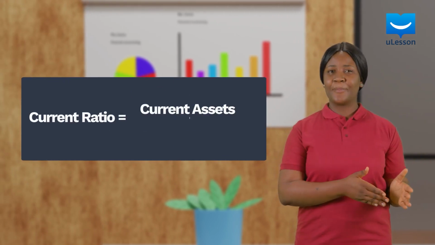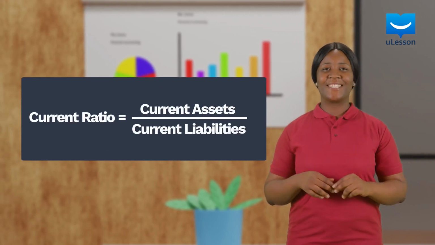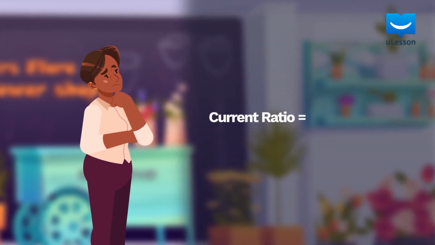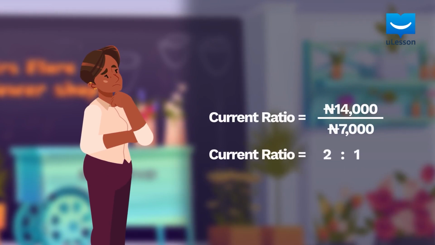It can be calculated by dividing the current assets by the current liabilities. For Miss Flora's store, her current ratio would be 14,000 naira divided by 7,000 naira. This equals a ratio of 2 to 1.